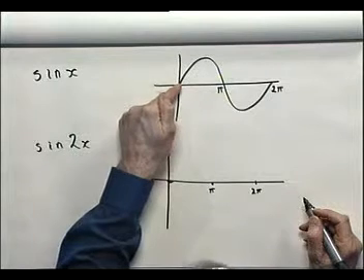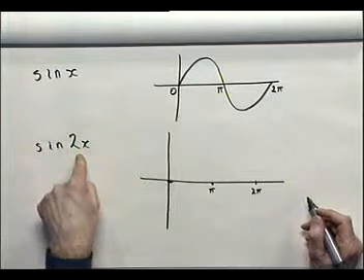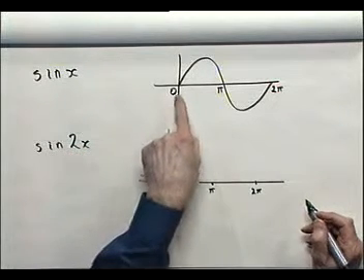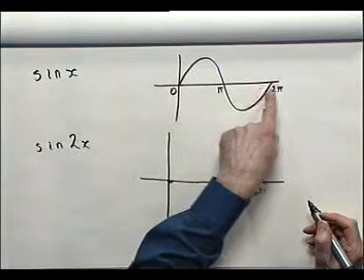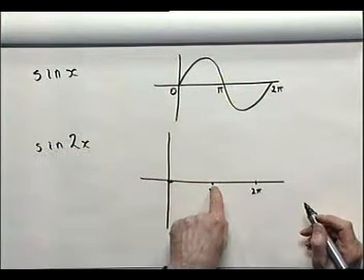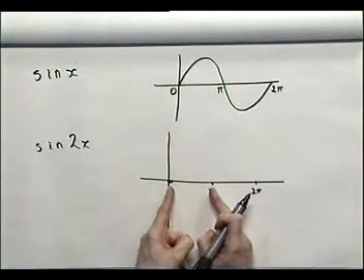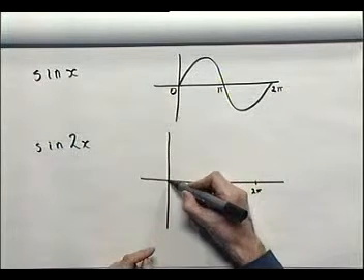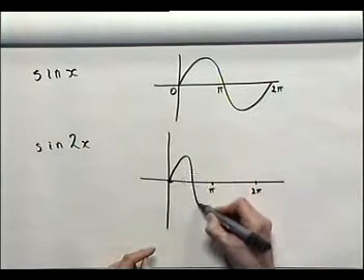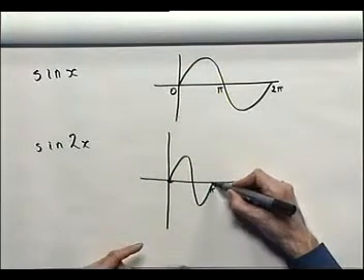Well, we're doubling, yes. But what that means is everything that happens on this graph happens twice as fast on this graph. So in the time it takes this to go from 0 to 2 pi, it's done all of that in this space. So that bit of graph appears in this space, so that we have up and down and there. And then, of course, it's periodic, so it does it again.